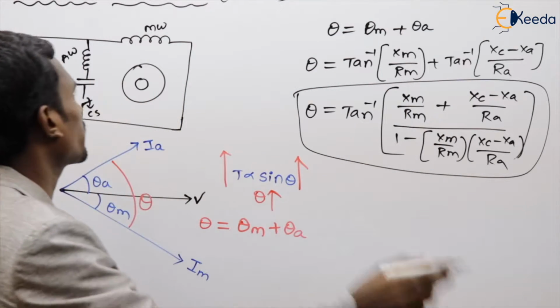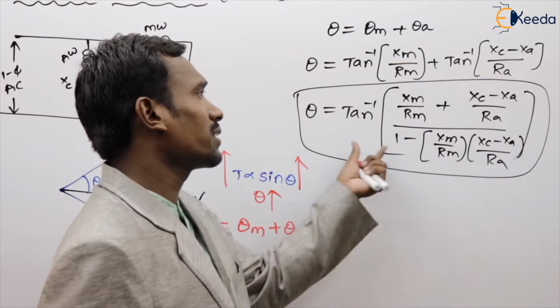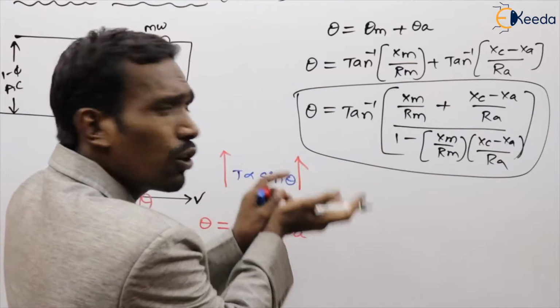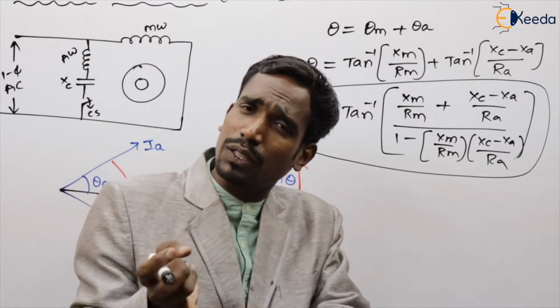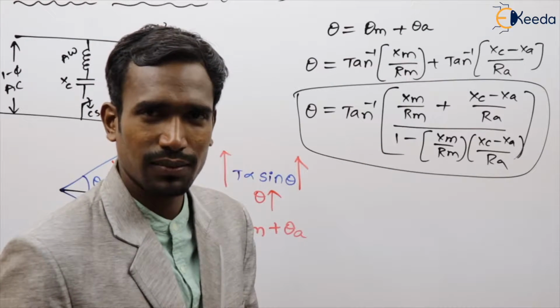Here, we should remember that the capacitor is added in series with the auxiliary winding, and this is my theta. Up to now, we have done resistance split phase and inductor split phase, and now capacitor split phase.